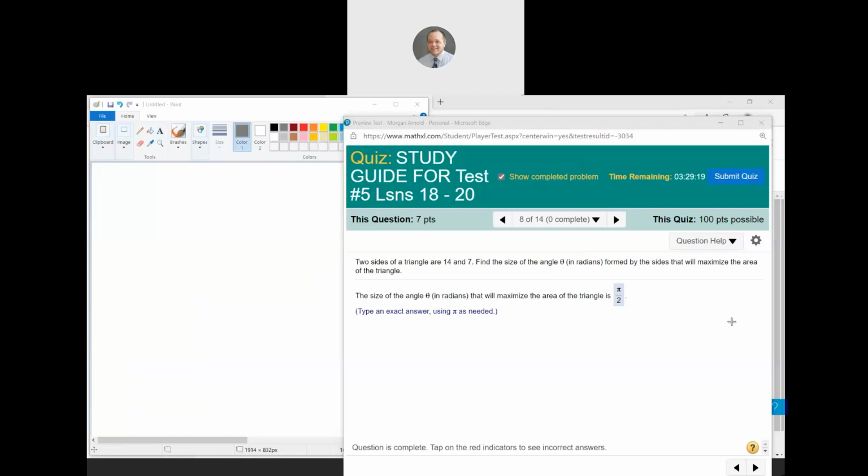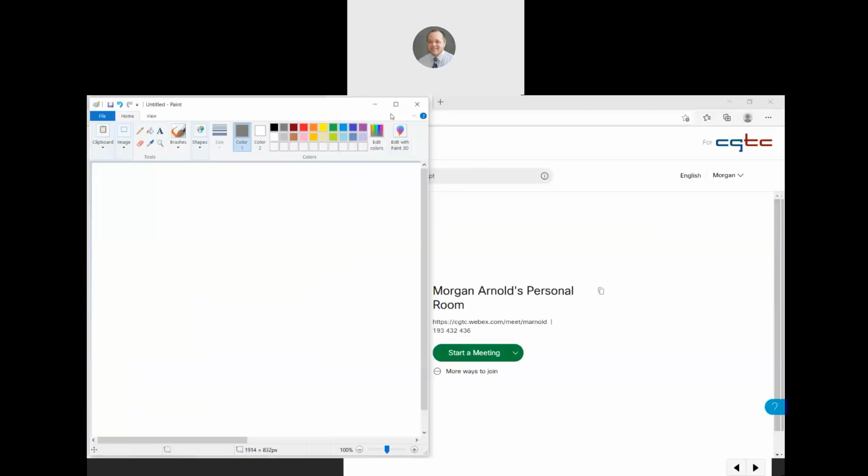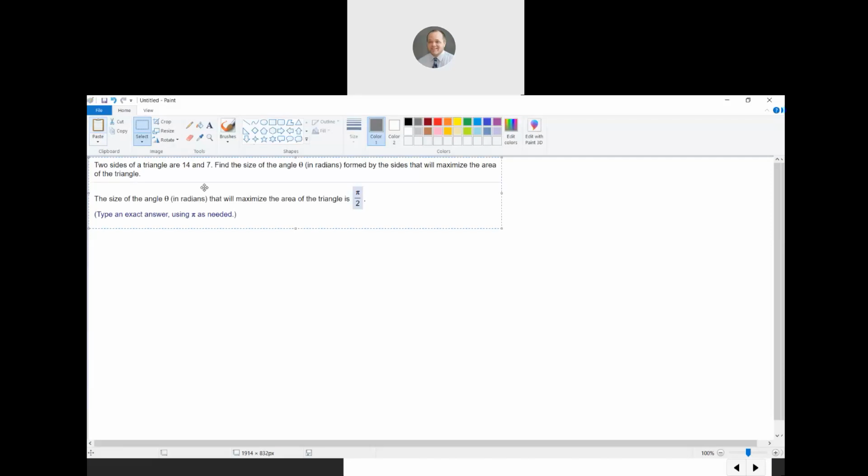Just a moment. Two sides of a triangle are 14 and 7, respectively. Find the size of the angle theta in radians formed by the sides that will maximize the area of the triangle.